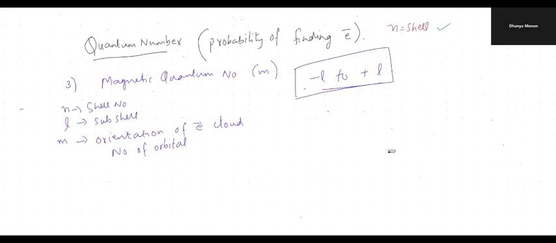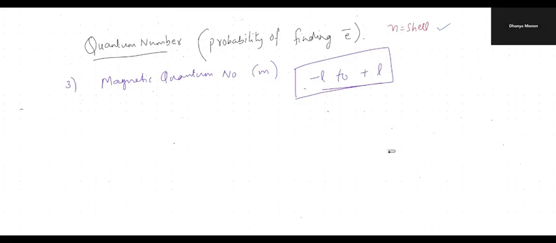Let's check out how. First is the shell number. Under it is the subshell. Under is the number of orbitals. Now please remember this range. Now I have L. If the L value is 0, so definitely it will be S subshell. What is the value of m? So minus L to plus L. So m will have a value of 0.